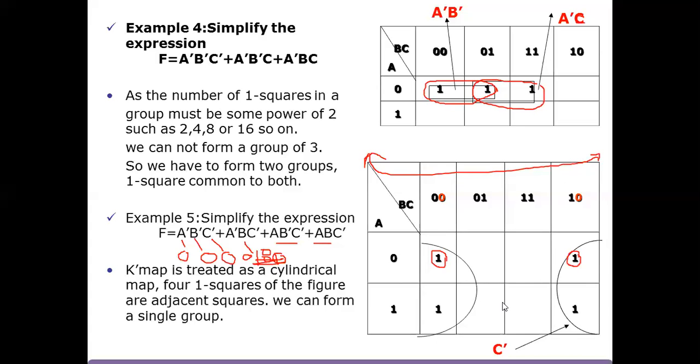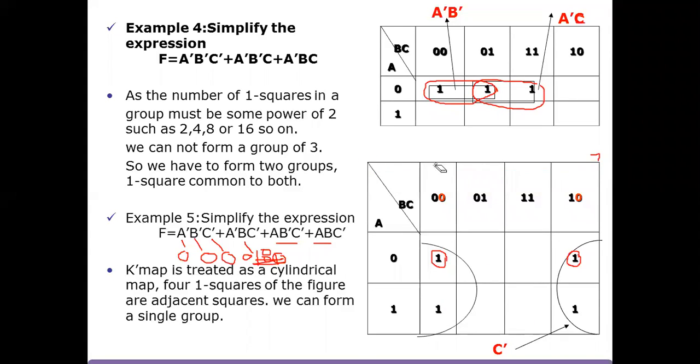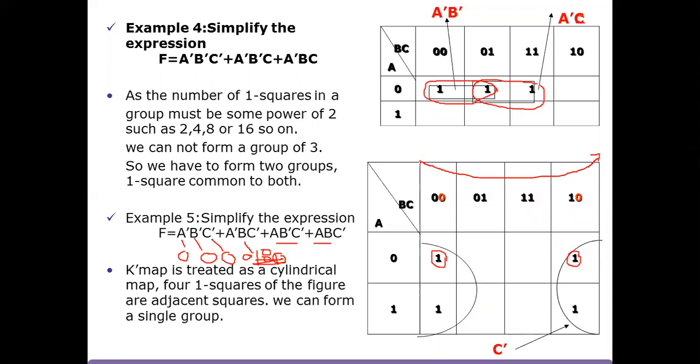Okay. So actually this should not be here. So if I draw something like this, yeah. So this cylinder, you don't consider this one, this is initial values. When you make a cylinder, you can see that these 4 values can be included in a single group.